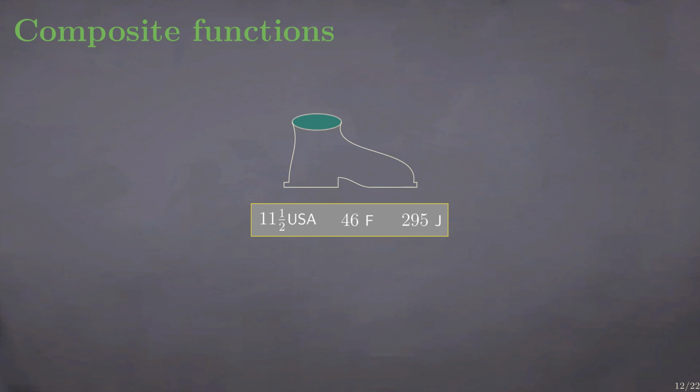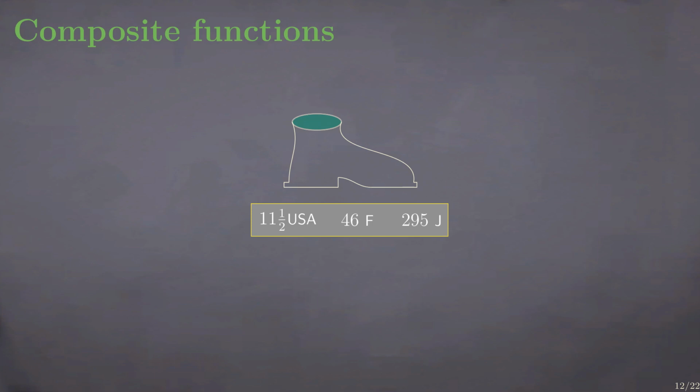Okay, so in the example, we see that 11 1/2 in USA standards is the same as 46 in French standard, and the same as 295 in Japanese standards. So how can we determine the size of the shoes in our favorite choice of size?